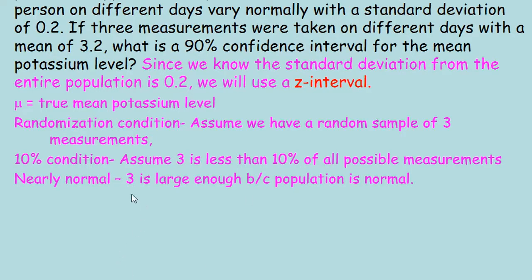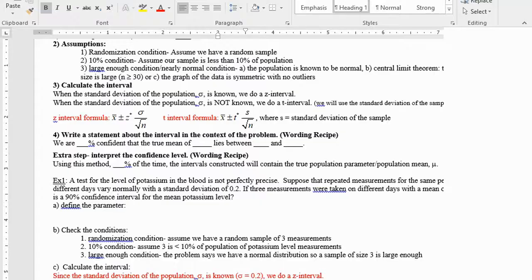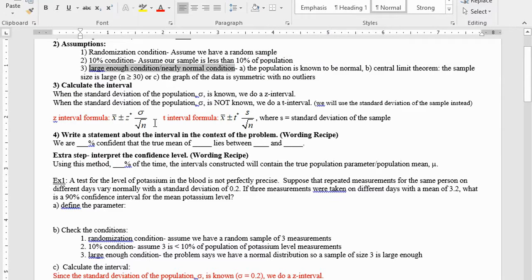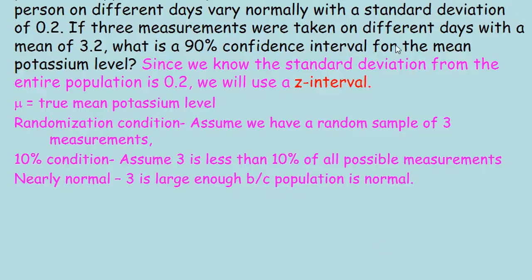In other words, 3 is large enough because the population is normal. That third condition is called large enough, or sometimes nearly normal. Over here in the notes it says large enough or nearly normal. Either one, it's the same thing. So the sample is large enough because the population is normal. Done. So step 1, done.